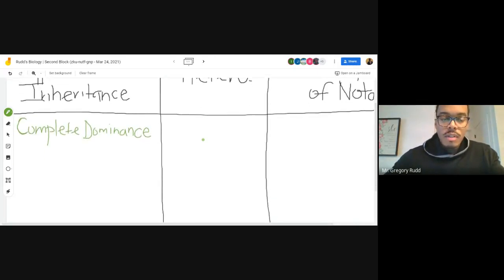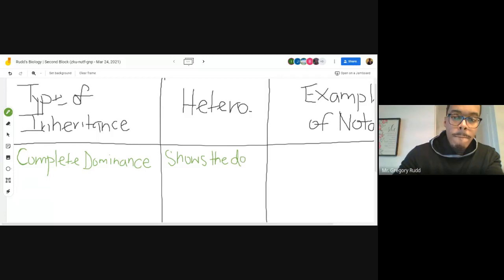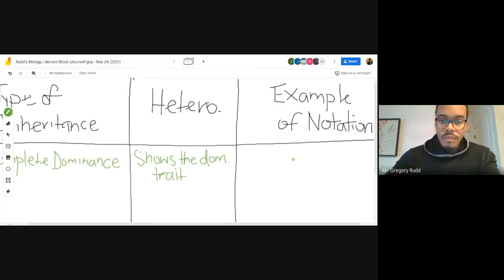The heterozygote in complete dominance is going to show the dominant trait. And an example of the notation for complete dominance, the dominant allele.